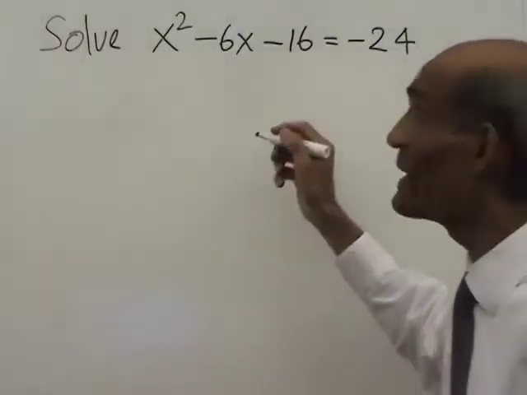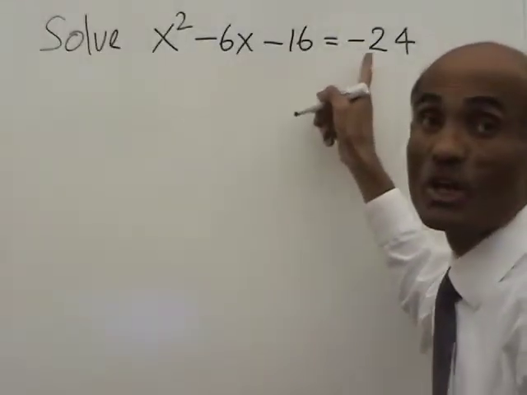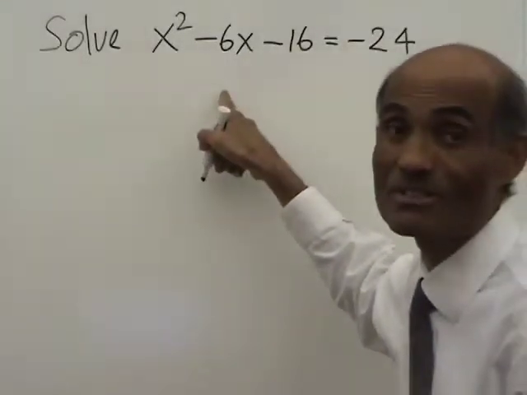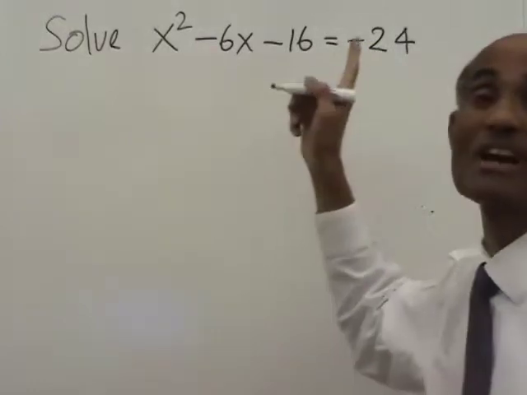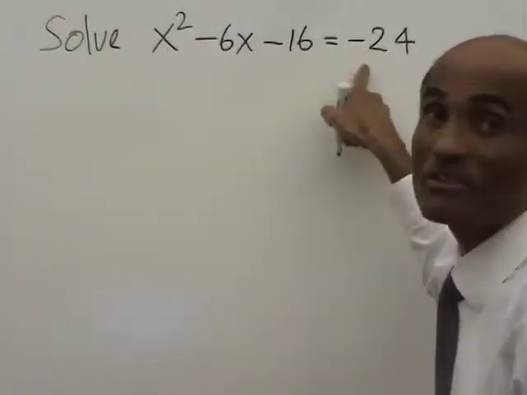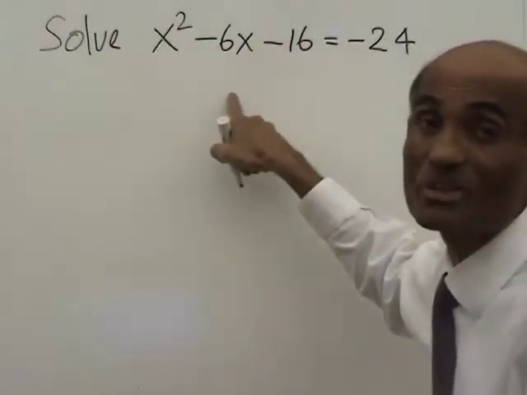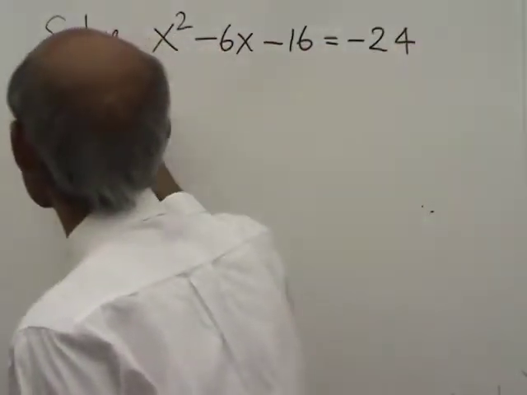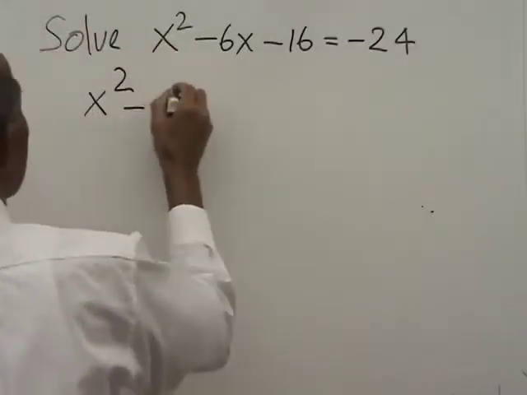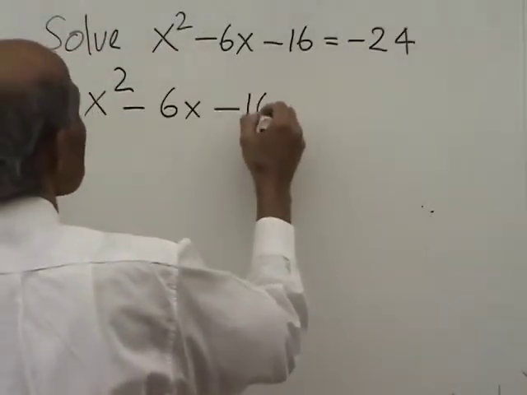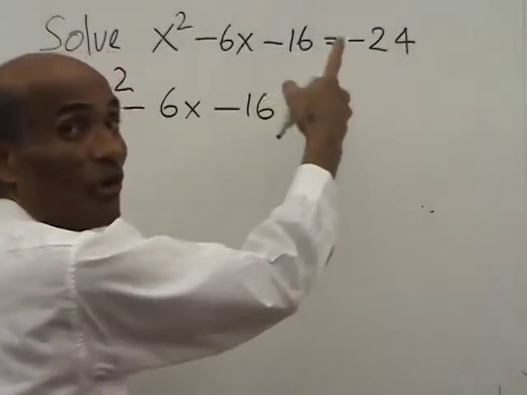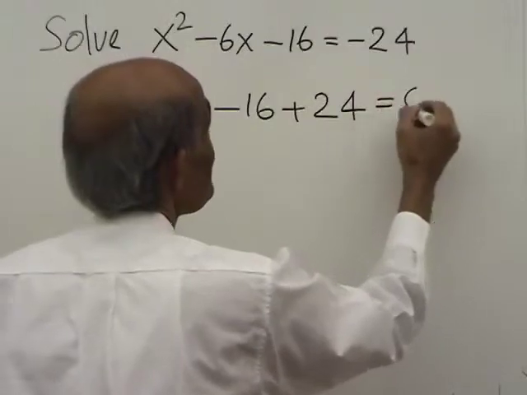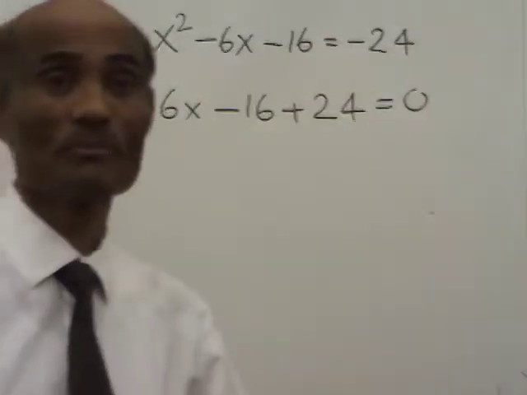In order to solve a second degree equation, you move all the terms from the right to the left and make the right side 0. So we move the negative 24 from right to the left and make the right side 0. Now it becomes x squared minus 6x minus 16 plus 24, the right side equal to 0.